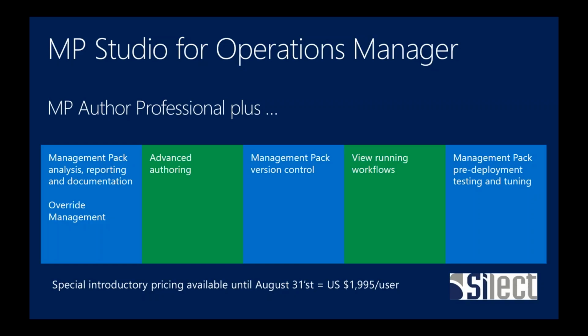Last thing on MP Studio, this product gives you the ability to test your management pack against production data. In its simplest description, you pull the perfmon counters, event data, and registry data back from a production server or servers, compare it locally where you're running MP Studio against a configuration of your management pack and/or overrides, and you run that test for 5 minutes or an hour or a day, and we'll show you the resultant set of alerts.